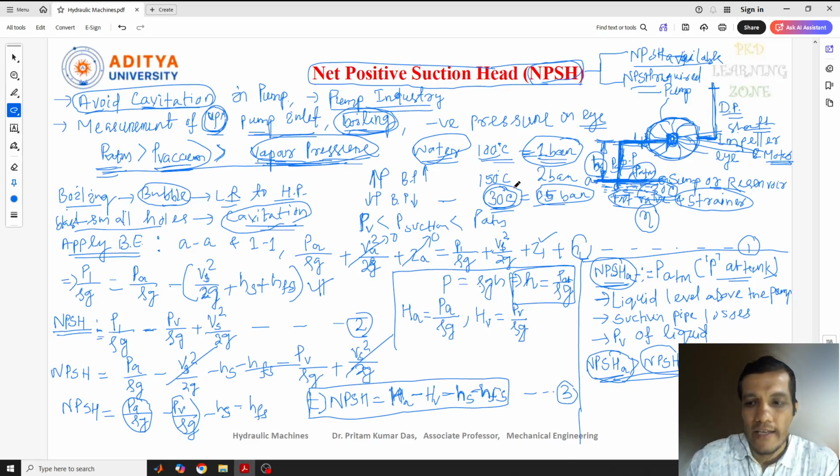So what is the conclusion here? For any kind of pump installation, the difference between the required NPSH and available NPSH needs to be identified. There should be a difference. The value of NPSH required will be given by the manufacturer, but the value of NPSH available needs to be determined, and as I told you, it can be calculated from this equation.